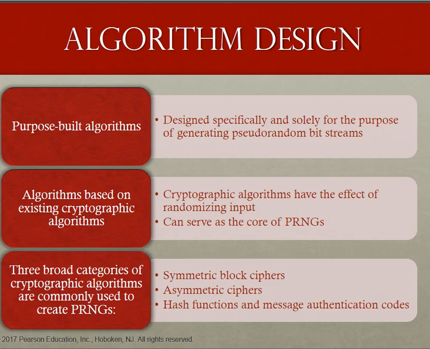Cryptographic PRNGs have been the subject of much research over the years, and a wide variety of algorithms have been developed. These fall roughly into two categories. The first one is the purpose-built algorithm. These are algorithms designed specifically and solely for the purpose of generating a pseudo-random bit stream.